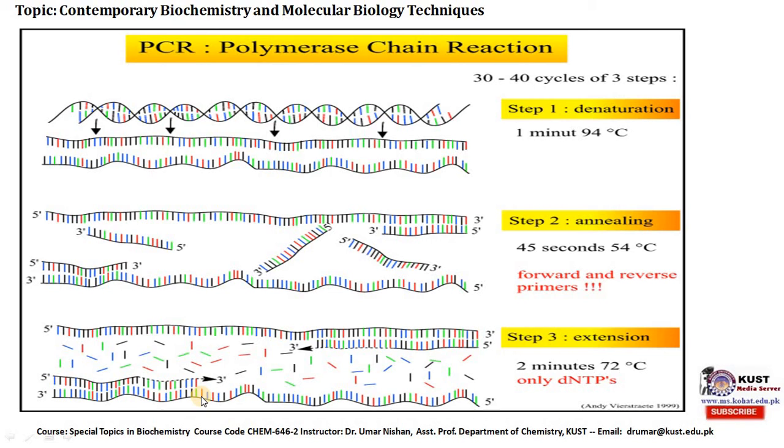If here it is G, it will recruit C. If it is, say, T, it will recruit A. If here it is, say, C, it will recruit G. So, complementary to the parent strand, it will start to incorporate the nucleotides.